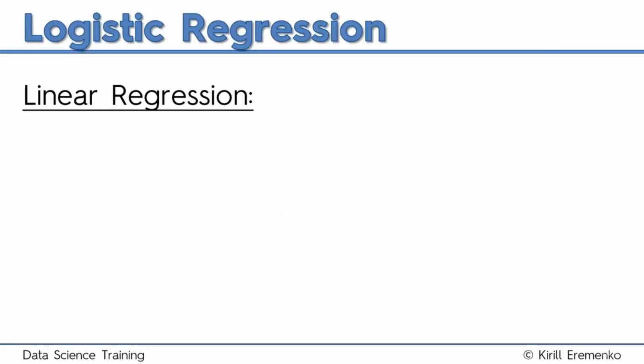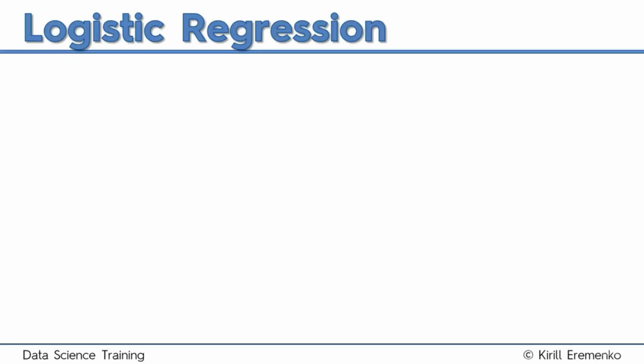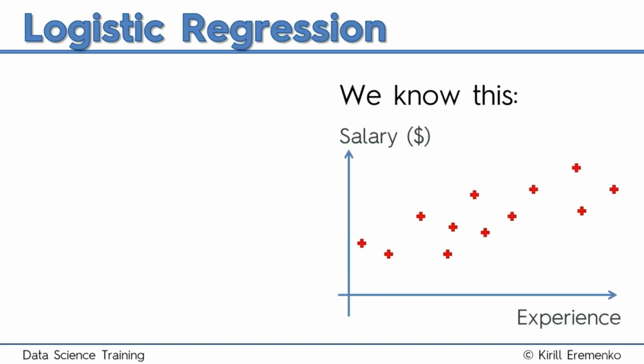We already know about linear regression. We know that there's a simple linear regression, which has a very short formula with one independent variable, and we have also looked into multiple linear regression, which has many independent variables. So we already know how to deal with this type of challenge. When we have a scatter plot like that, where on the horizontal axis we've got the independent variable and on the vertical axis we've got the dependent variable, and this is an example we looked at: salary versus experience.